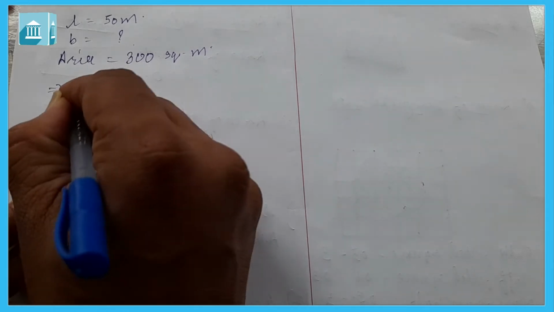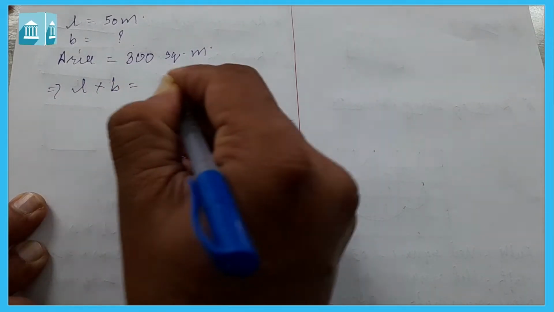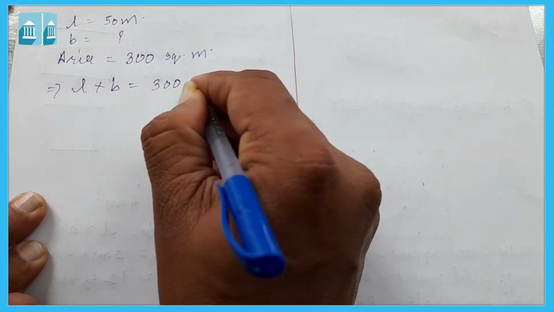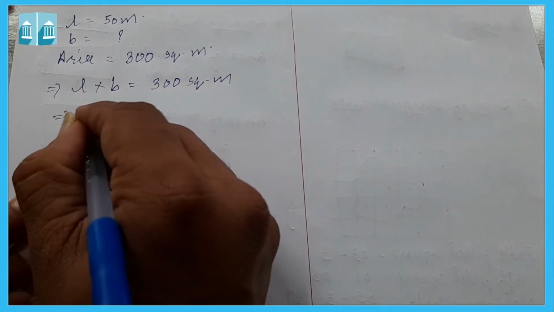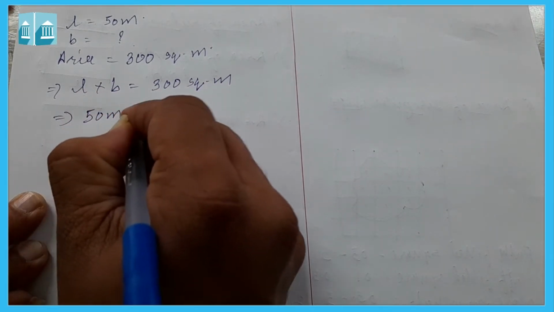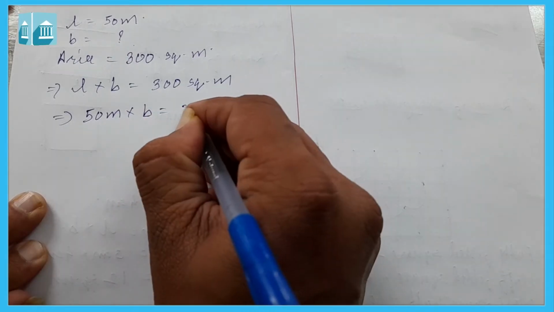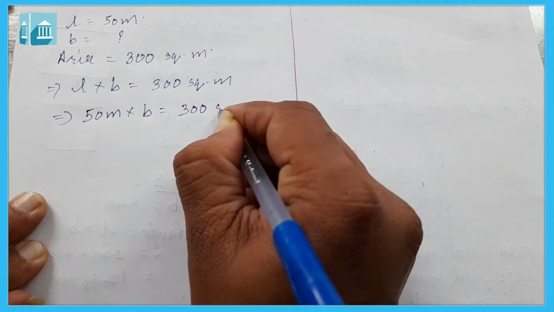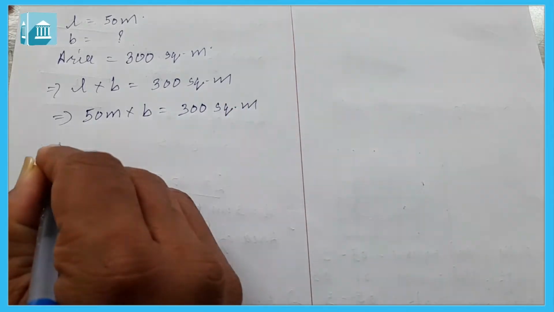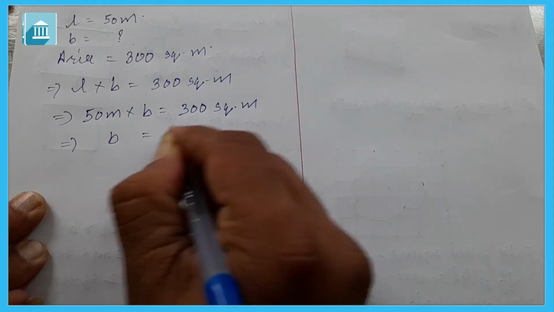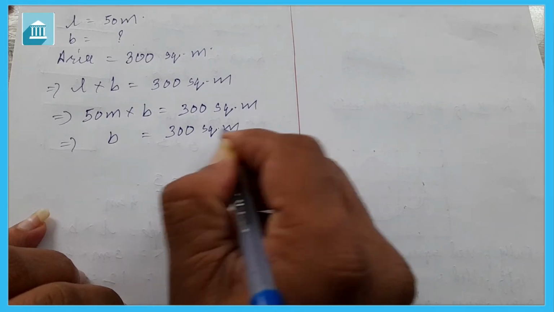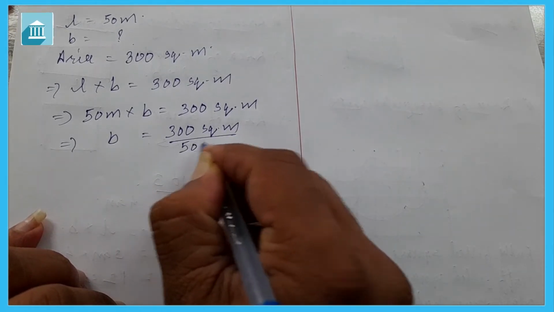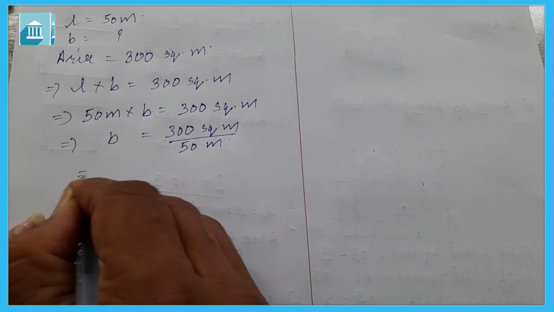So area is L into B, which is equal to 300 square meter. L into B means 50 meter into B is equal to 300 square meter. B is equal to 300 square meter upon 50 meter.